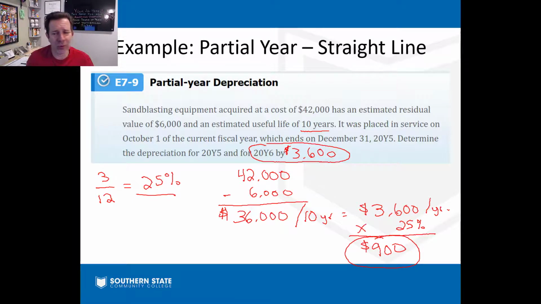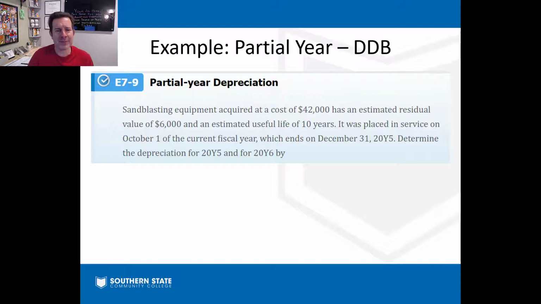Let's do DDB real quick. Exact same scenario, only now we're going to calculate DDB, double declining balance. And again, you can see we've got the exact same setup. October 1 is when we put it into service, and we're talking October, November, December, 3 months out of 12, or 25% of the year.